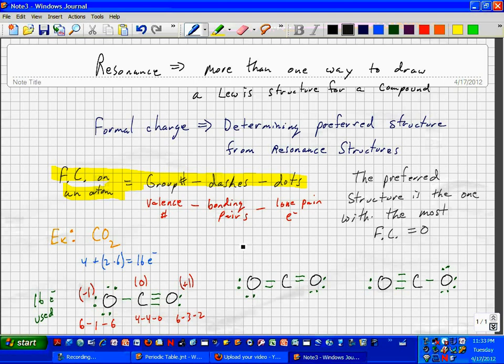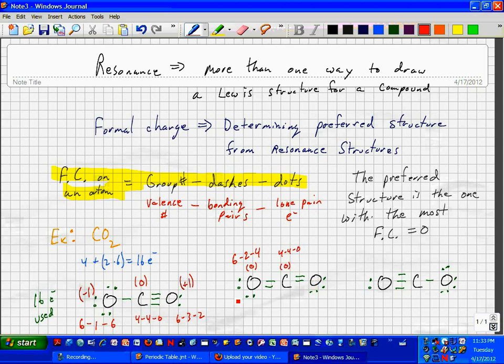Again, group number, which is 6, minus dashes, which is 2, minus dots, which is 4, gives me a formal charge on this particular oxygen of 0. Carbon is 4 minus 4, which is also 0.